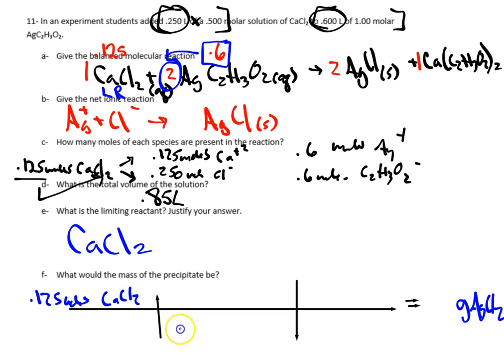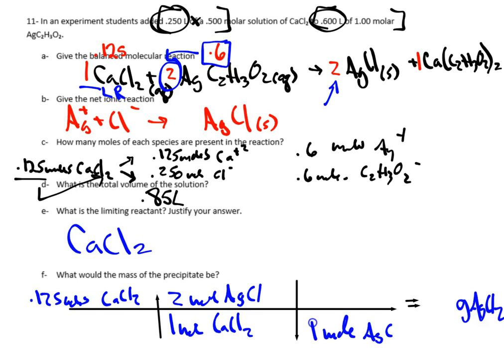And then for every 1 mole CaCl2, how much AgCl do I have? Okay, 2 moles of AgCl. Then what unit has to come down? 1 mole AgCl. The unit at the end always matches the unit at the end.